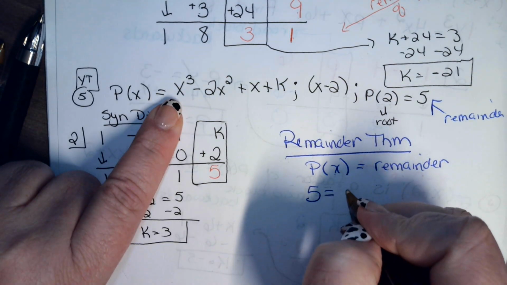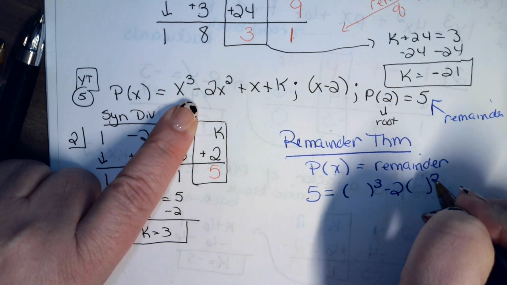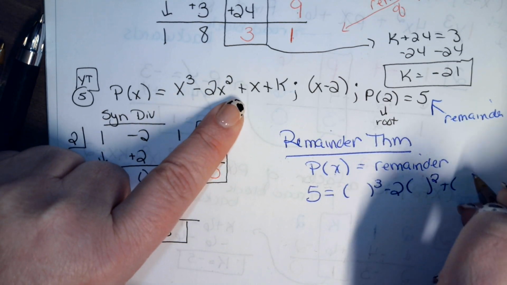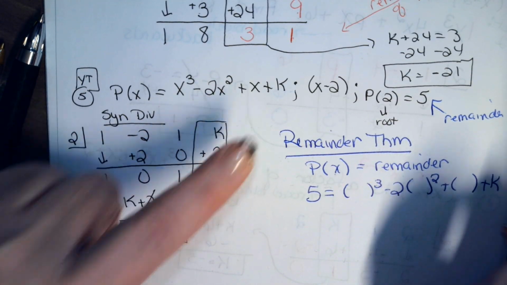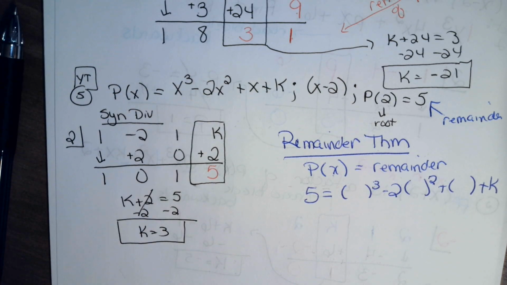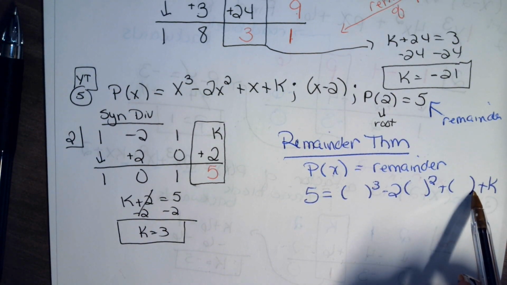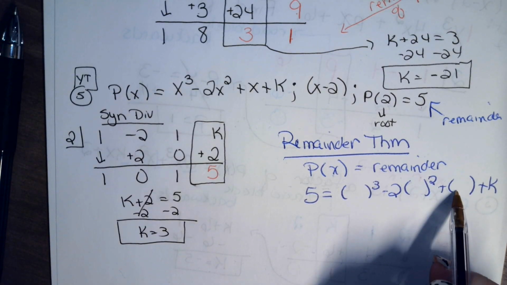My polynomial is x cubed minus 2 times x squared plus x plus k. So basically what you're doing is you're taking your remainder and you're going to set it equal to your polynomial, and then wherever that's an x, you're going to substitute in your root.